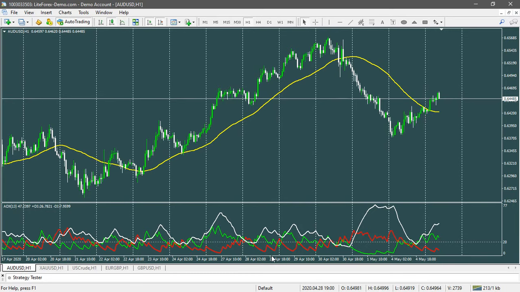Okay, let's go. Clear your chats, and this is a very simple strategy that uses just two simple onboard technical indicators. The first indicator is a moving average, and the next indicator is the ADX itself.